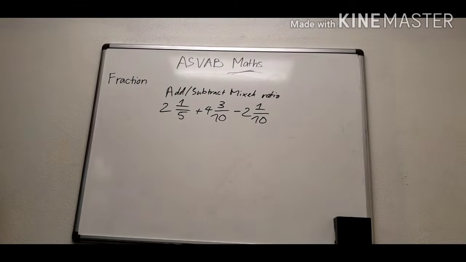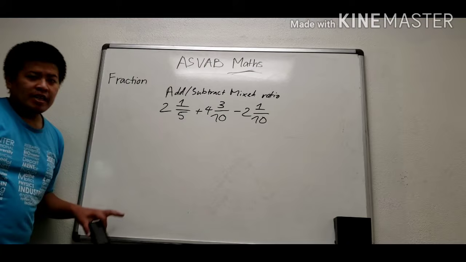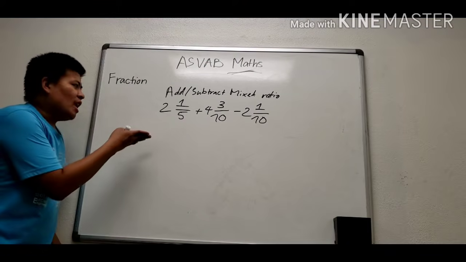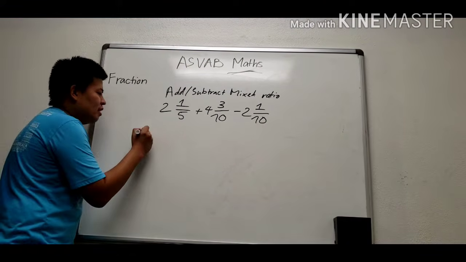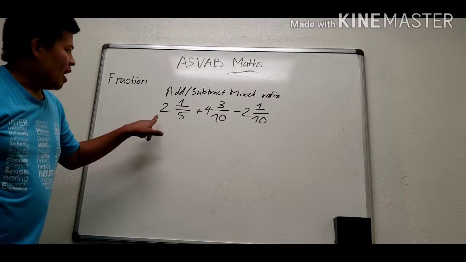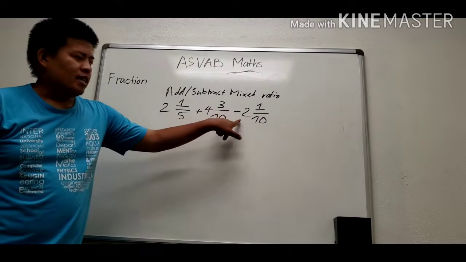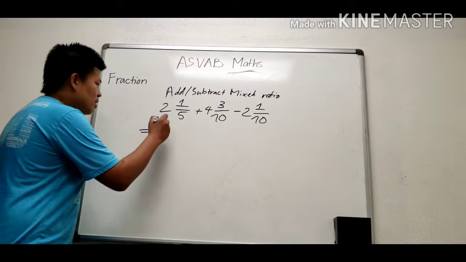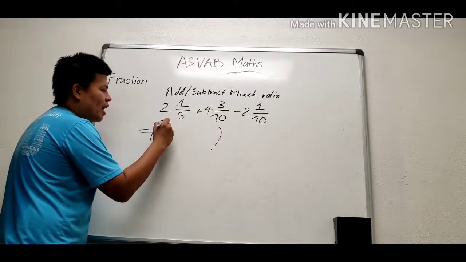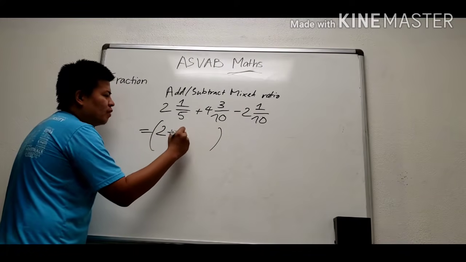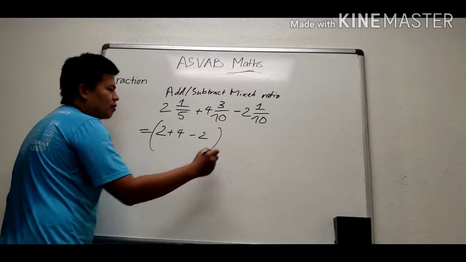For example, like this. In this question, if we see it like that, we can put in here: we have 2, 4 and minus 2. We will put 2 plus 4 minus 2.